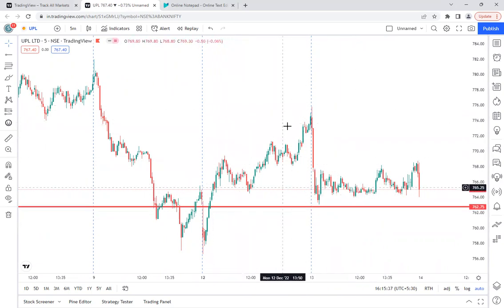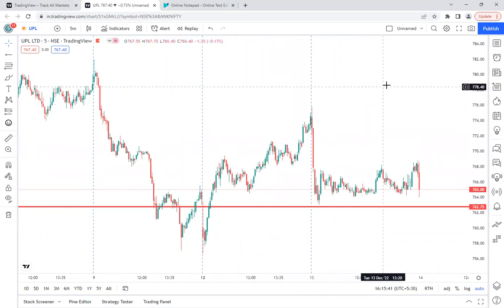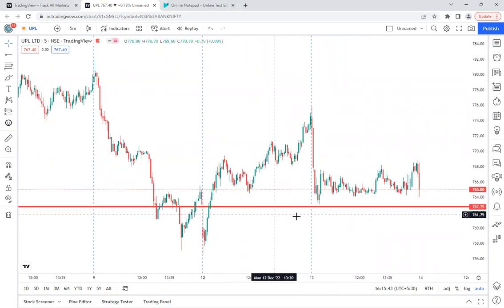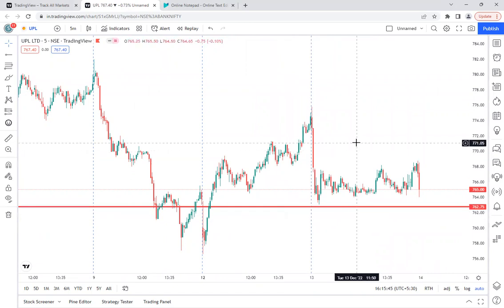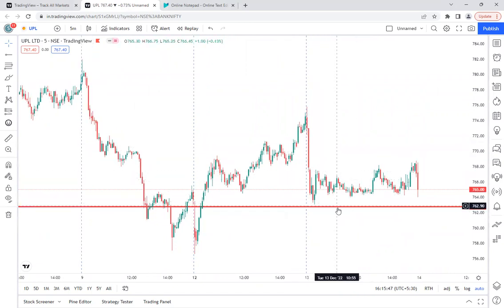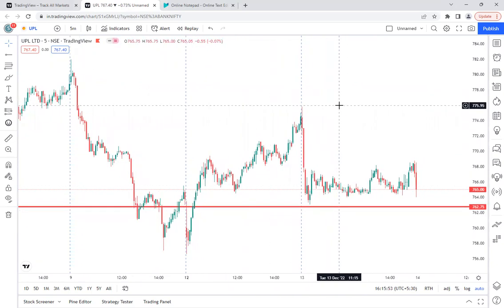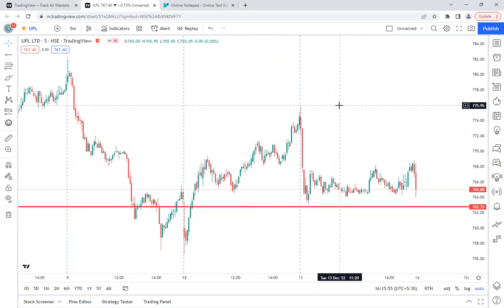Some buyers might have taken positional trades for 2 to 3 days and kept their stop losses here. So we assume they may come to the support and even somewhat lower to kill the buyers. That is what every normal retail trader thinks, especially by seeing this fall.